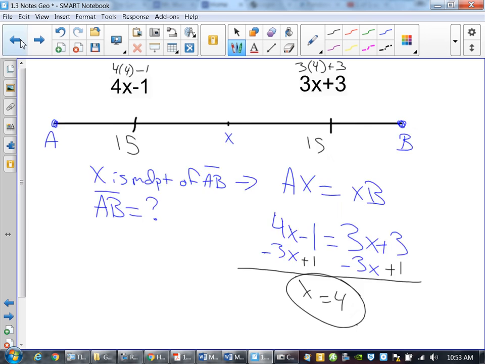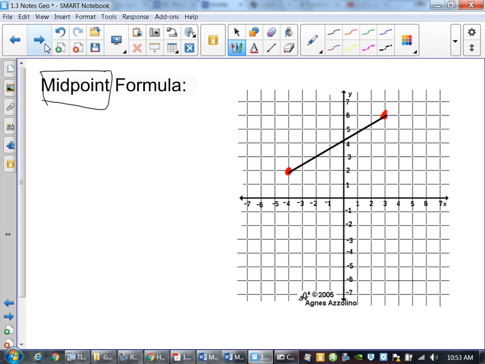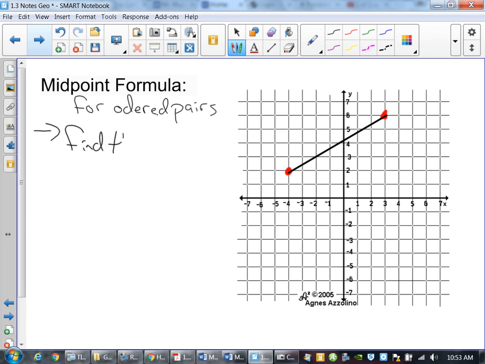So all I have to do, in order to find the midpoint formula for ordered pairs, is find the average of x and y. And this is what it looks like.